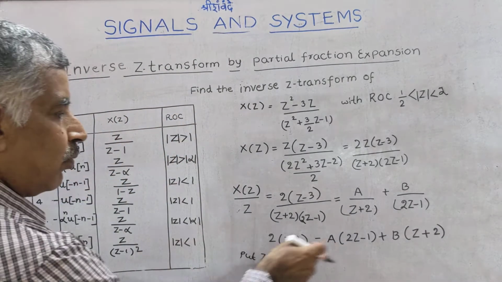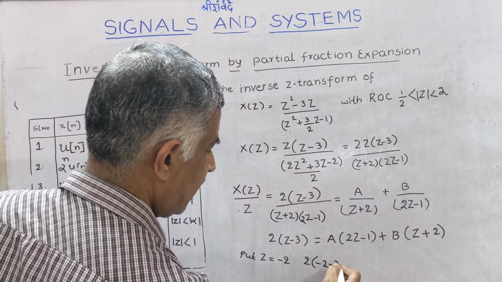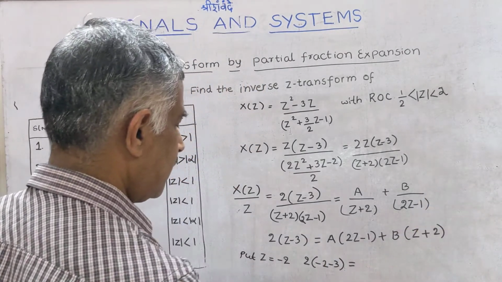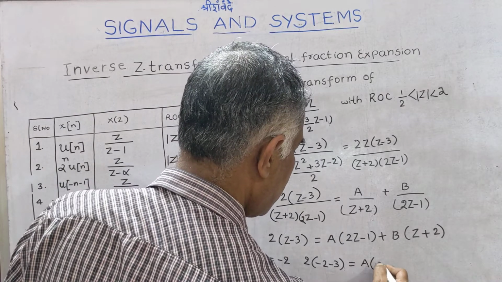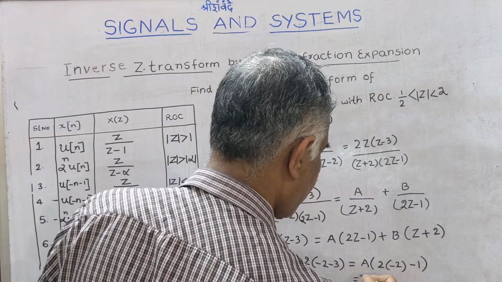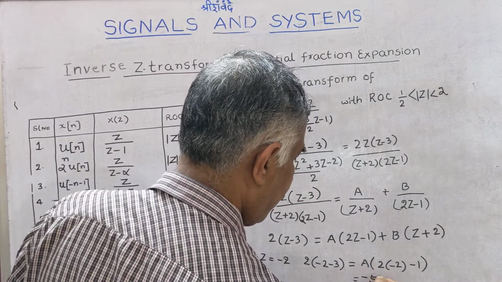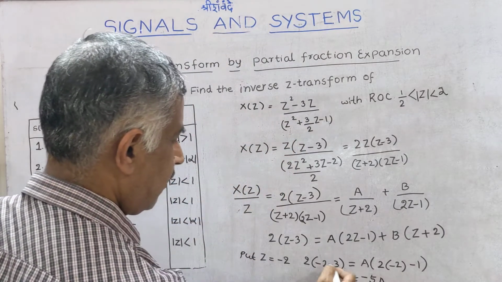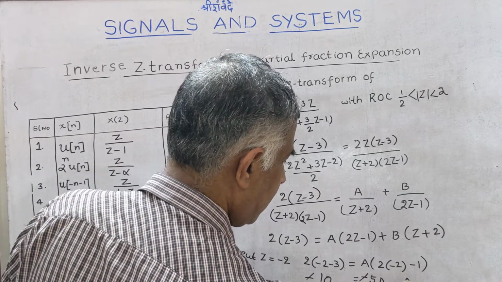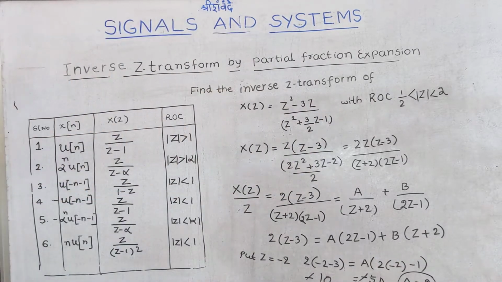Then we get 2 into (minus 2 minus 3) is equal to, this is 0, A into (2 into minus 2 minus 1), equal to minus 4 minus 1, minus 5. So minus 5A equals minus 10, therefore A is equal to 2.